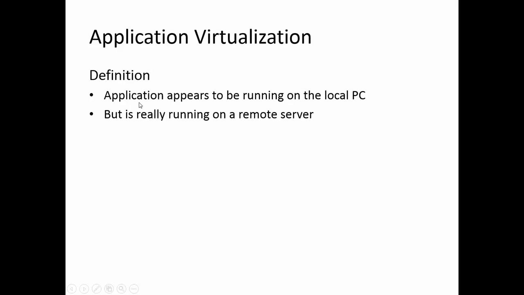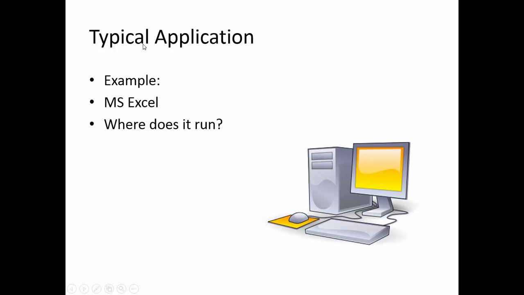Now let's discuss application virtualization. In application virtualization, the application appears to be running on the local computer, but it is really running on a remote server. In a typical application such as Microsoft Excel, where does it run?